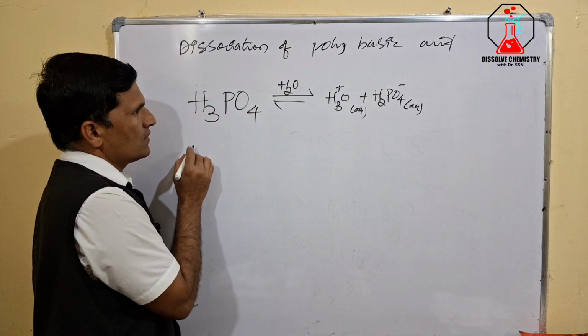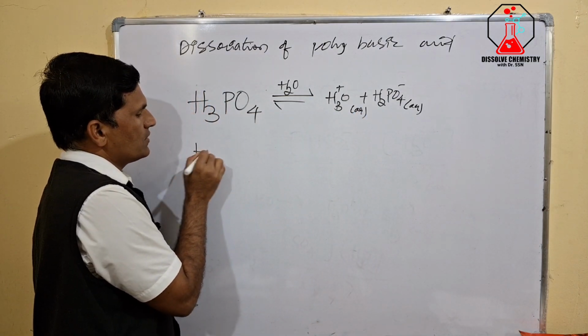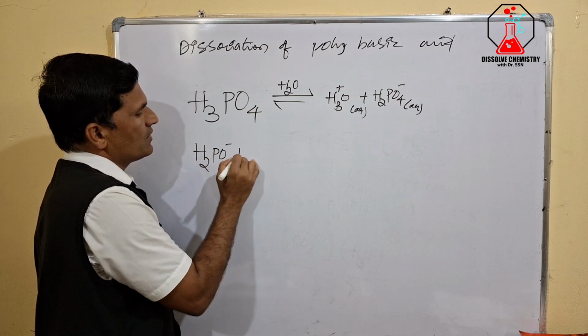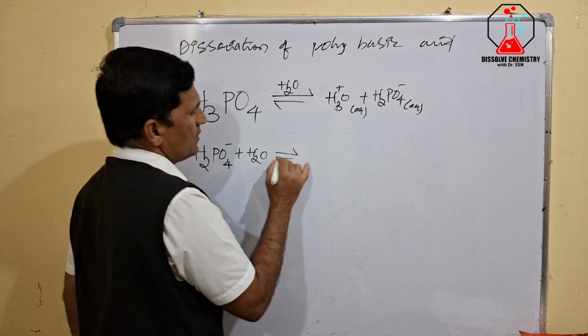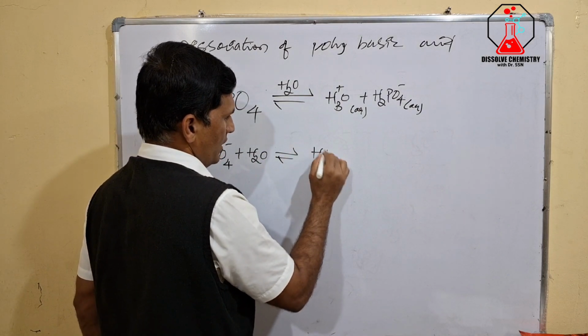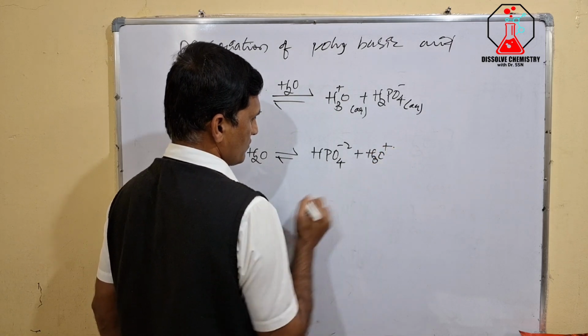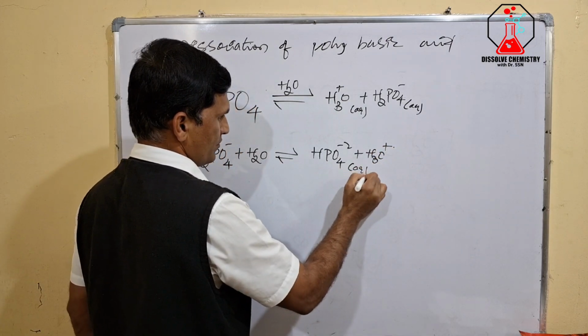Then the second ionization: H2PO4- plus water gives HPO4 2- plus H3O+.